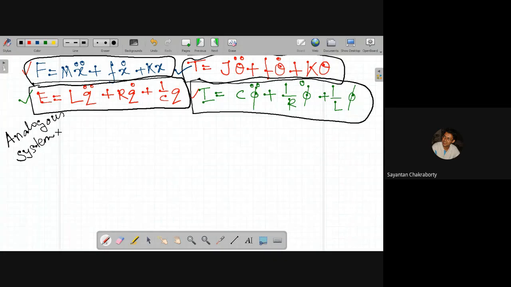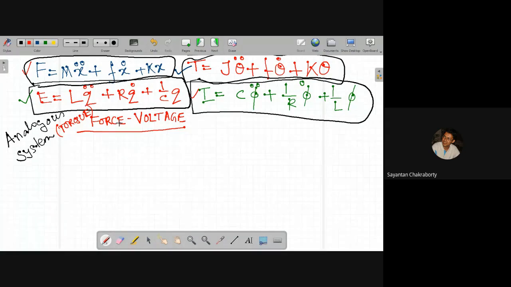Now let us draw the analogy between the mechanical system and electrical system. There may be two analogies that you can have. First analogy will be force voltage, and obviously this could be torque voltage. So for translational, it will be force voltage analogy, or for rotational, it will be torque voltage analogy. What does that mean?